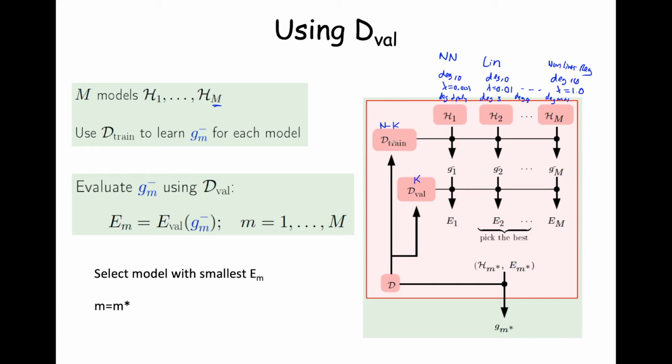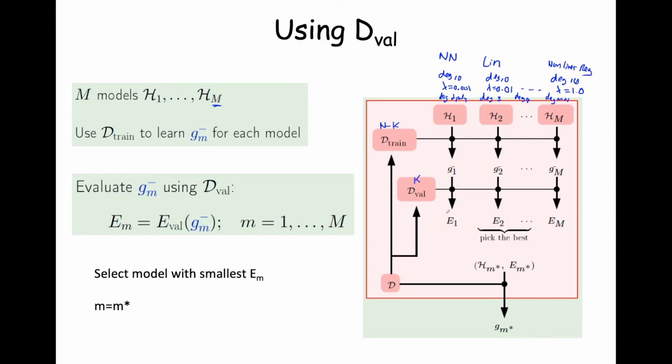So then, of course, we take our validation set, we furnish it, and we use this validation set to evaluate each one of these limited final best hypotheses G minus. So we evaluate the D val on G1 minus, on G2 minus, up through and including G big M minus. So that results in our validation error. And the validation error, as we said before, is an estimate of out-of-sample error.